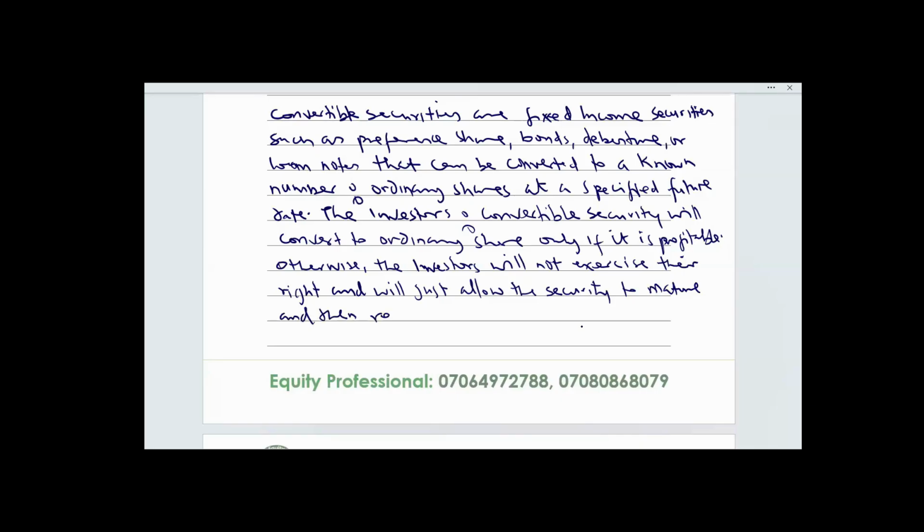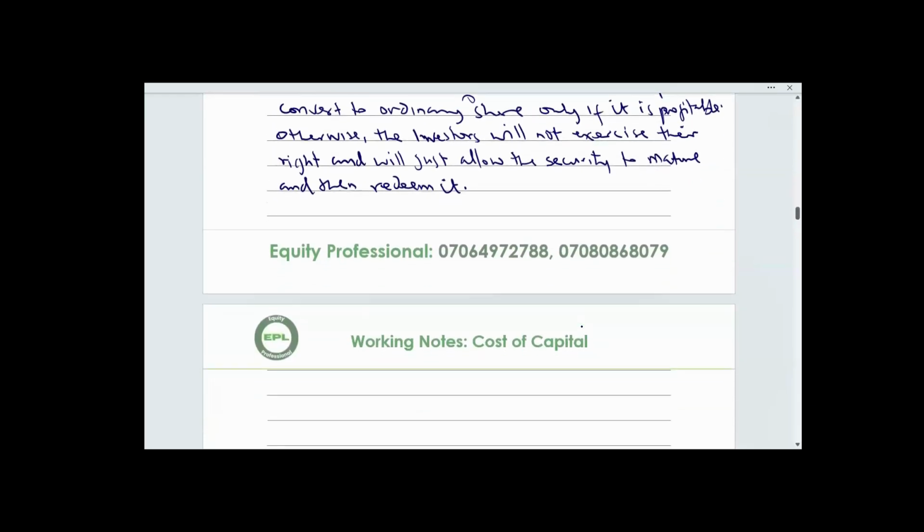So if it is not profitable, the investor will never exercise the rights.